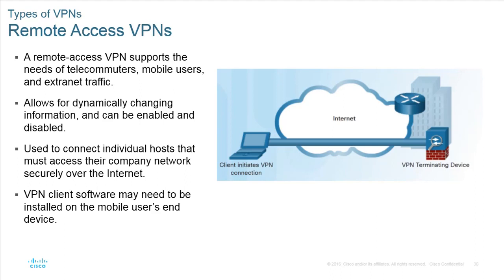It is used to connect individual hosts that must access their company network securely over the internet. That's why the telecommuters are required to have a software-based VPN client, so that they can connect to the VPN terminating device of their company.